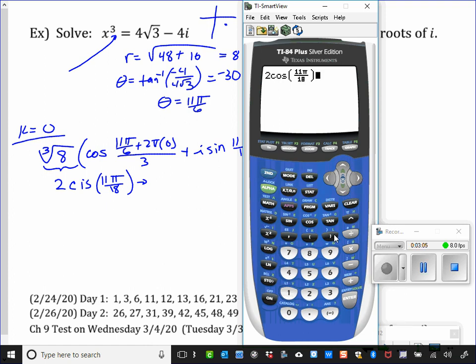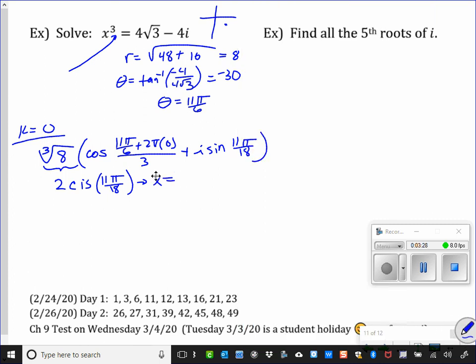Now I'm putting in a radian, so I want to make sure my mode is in radians. There it is, negative 0.68. If I do the same thing with sine instead, I'll get 1.88. So my first answer is negative 0.68 plus 1.88i.